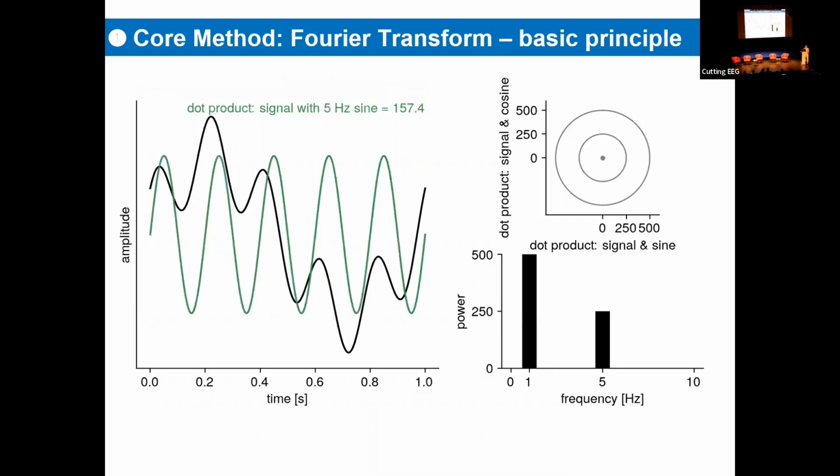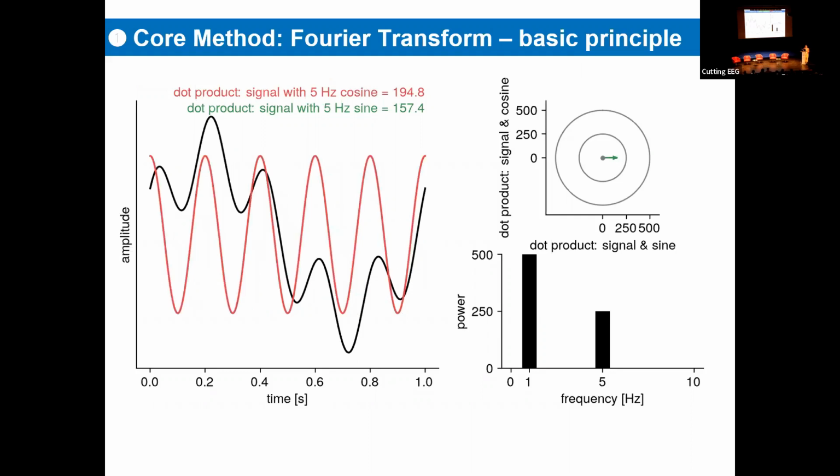Okay, so we can repeat the same procedure with a 5 hertz sine, and we get another value. We can plot it, and we can do it with a cosine. And again, we obtain a value that can be plotted as a 2D point for which we can measure the length, the distance to the origin.